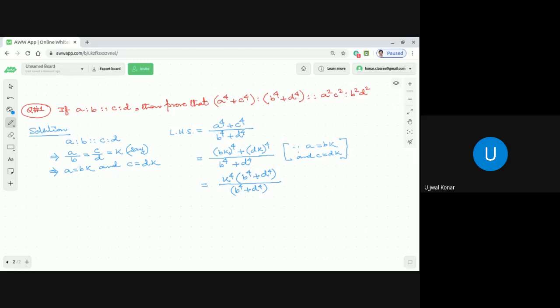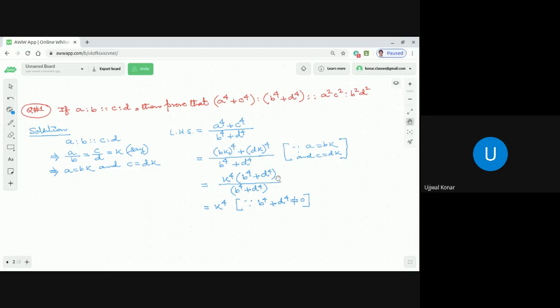Now B to the power 4 plus D to the power 4 is not equal to 0, so we can cancel it out. So that we can write K to the power 4, since B to the power 4 plus D to the power 4 is not equal to 0.